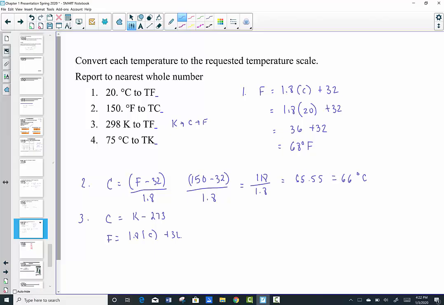Step 1, 298 Kelvin minus 273 is going to give me the Celsius degrees. 298 minus 273 is 25.